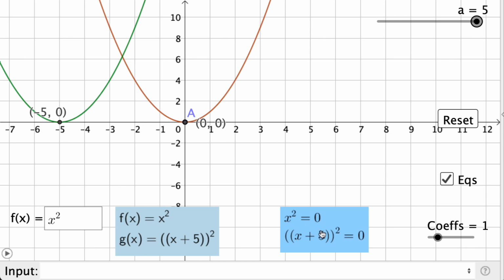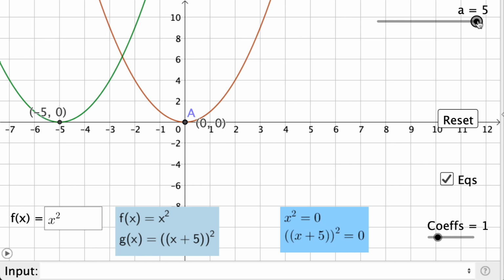But if we look at g of x, if we want to retain the same y value, so that now instead of x squared being equal to 0, x plus 5 squared is going to be equal to 0, you can see that x has to be equal to negative 5. And so that's why the function has shifted to the left, because the point 0, 0 has now been shifted to the point negative 5, 0. Same y value, and the x value is 5 units to the left.